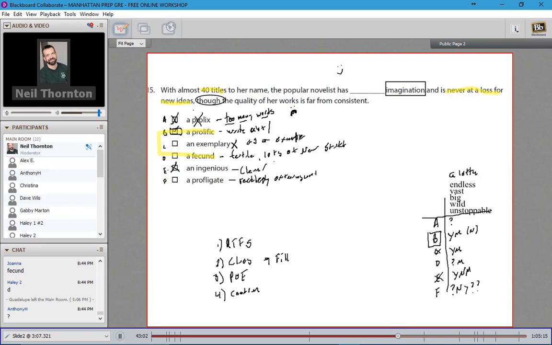Notice how exemplary has no match to it. Notice how ingenious has no match to it, being clever or super smart. There's nothing that really matches that, and recklessly extravagant doesn't have a match. This is one of these rare ones where the only answer choice pair that actually somewhat matches to each other, sort of metaphorically speaking, are B and D. Now, are they straight up synonyms, would you say?